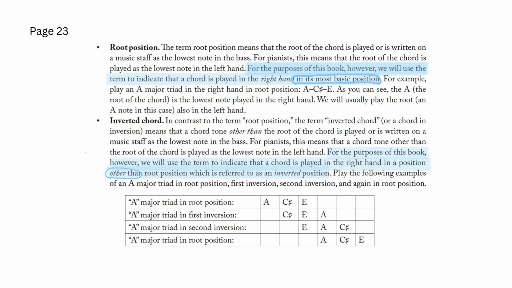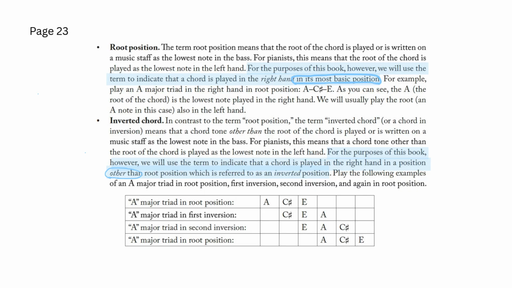Let's just look at what I have highlighted in blue. And I will plan to come back around to root position and inverted chord in the next tutorial and do a video so you can see my hands. But for right now, let's read that.